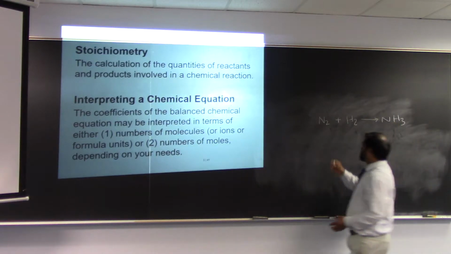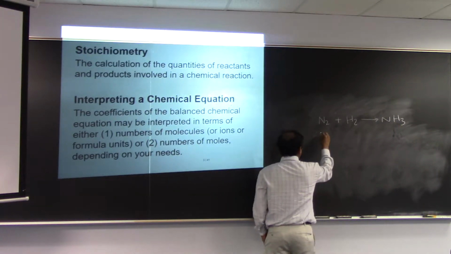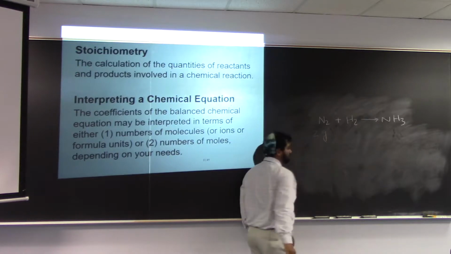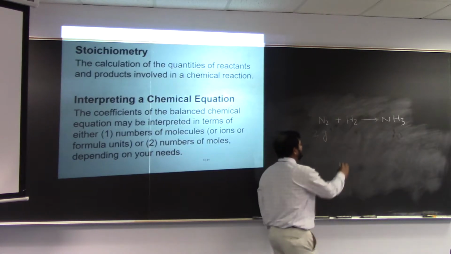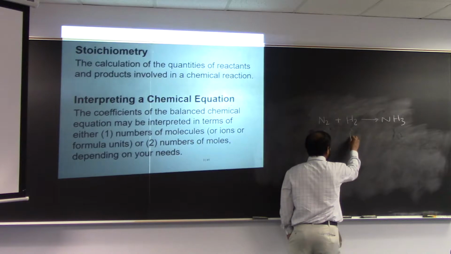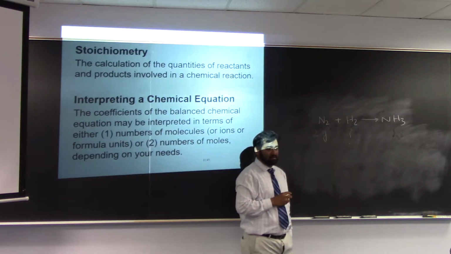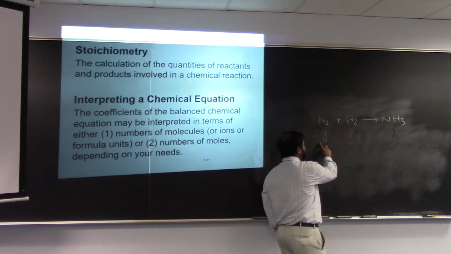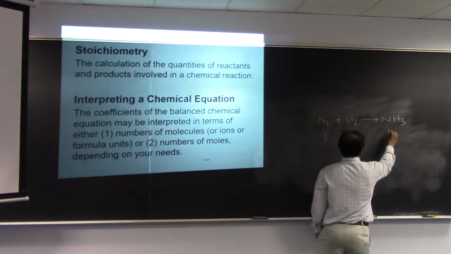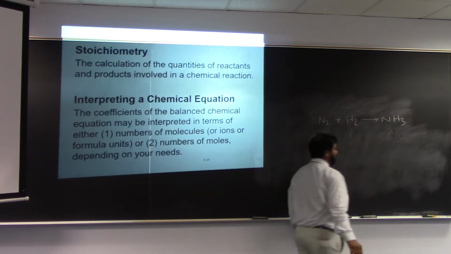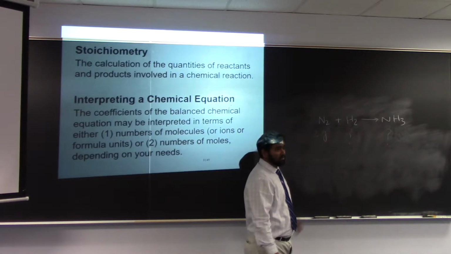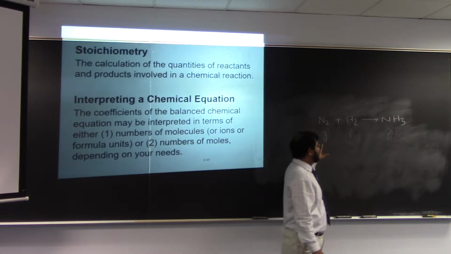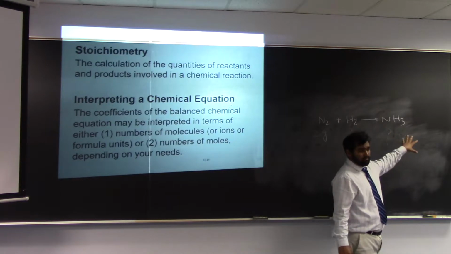If you have, for instance, 2 grams of nitrogen, you will be able to know how much hydrogen you need to react with. If you have 2 grams of nitrogen, you'll be able to know how much ammonia it can produce. So that means you know one, you'll be able to calculate any of them.